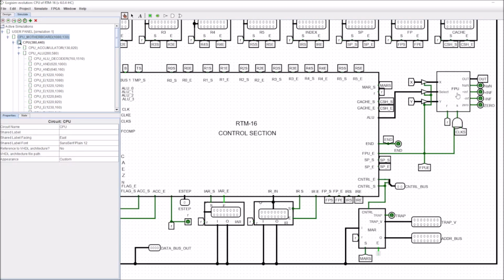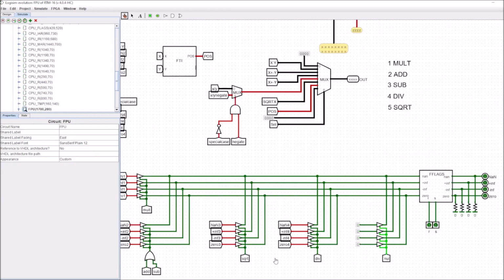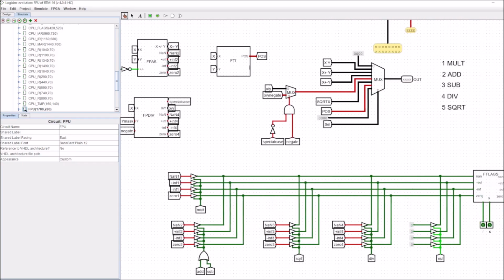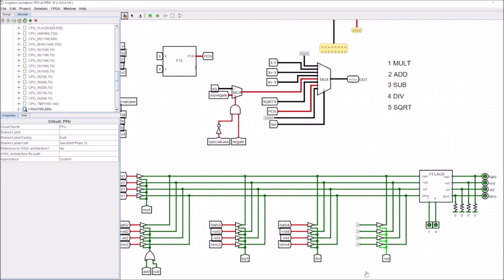Now, one other thing to note here, if I go down into the floating point unit, don't worry too much about the connectivity here. We're going to explain this over the next few videos. But one thing to note is that I do have the flags coming up from the floating point unit, and I had to put in this little, in effect, memory cell or little register, which just contained the value for these flags.